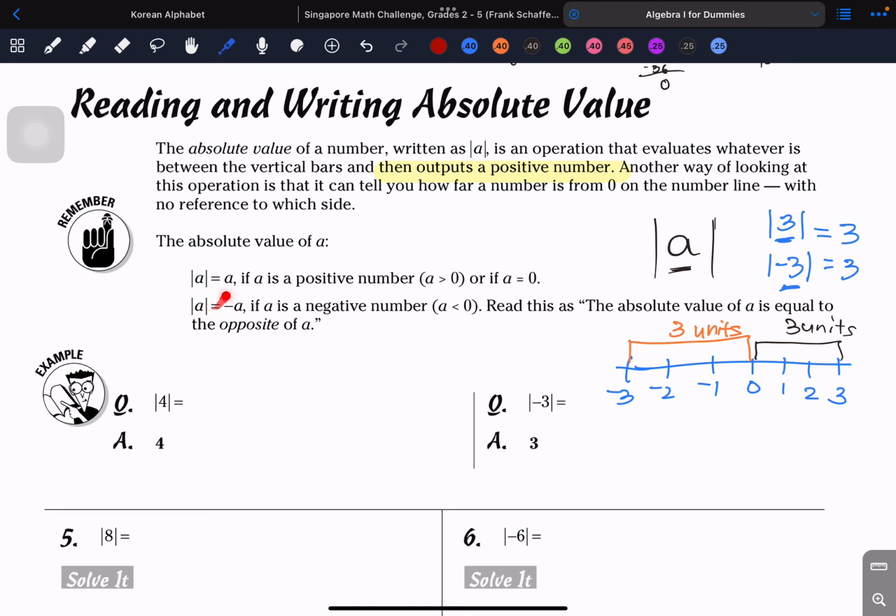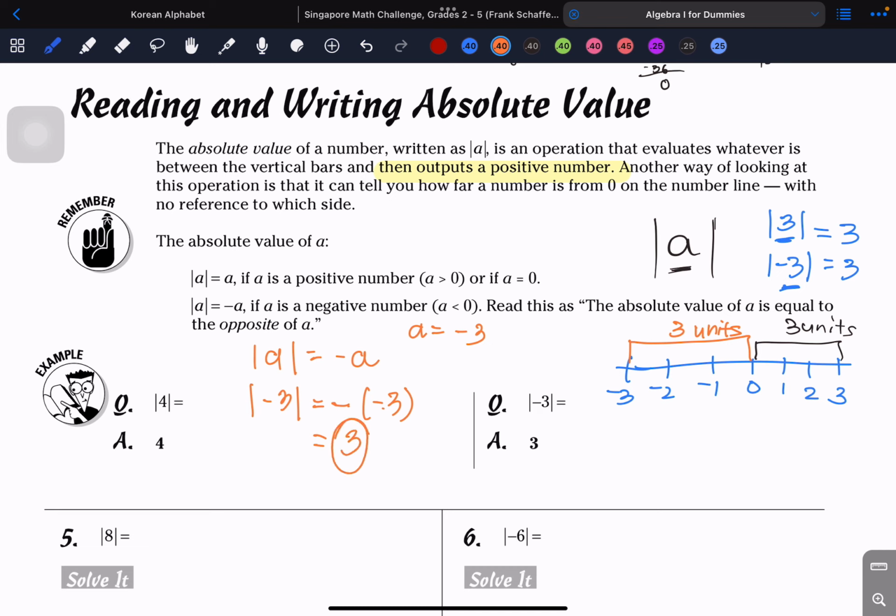Next, the absolute value of A is equal to negative A if A is a negative number. Ano yung sinasabi niya? Yung absolute value daw ng A equal kay negative A. Sabihin natin ang A mo equal kay negative 3. Ang absolute value ng negative 3 ay equal kay negative of negative 3, which is negative times negative, that's positive 3.